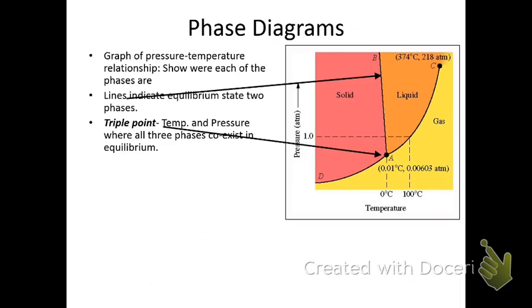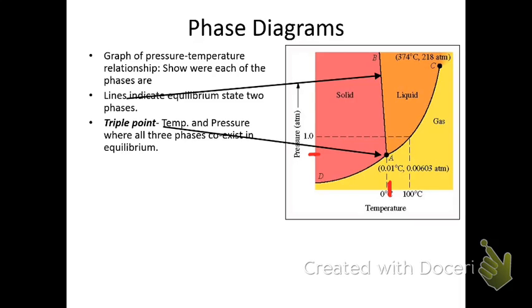If you were to look at this compound, you'd see that around 0 degrees Celsius is the triple point, but that the triple point's probably quite a bit less than 1 atmosphere. So for instance, you see it's at 0 degrees here, but if you were to draw a line across from that A, you'd see it's getting towards 0.6 atmospheres.